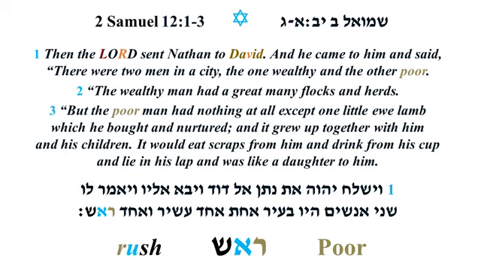This is when, remember David, great king, but he had his downfall with Bathsheba. And he sent for Bathsheba's husband and sent him back to the front lines with instructions to put him on the front line so he'd be killed.